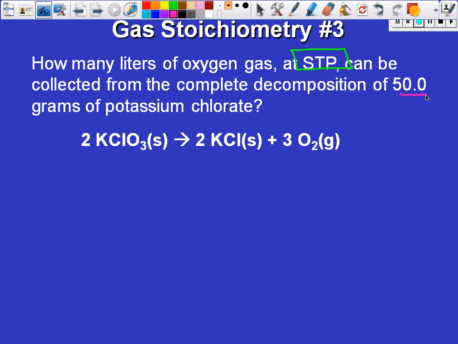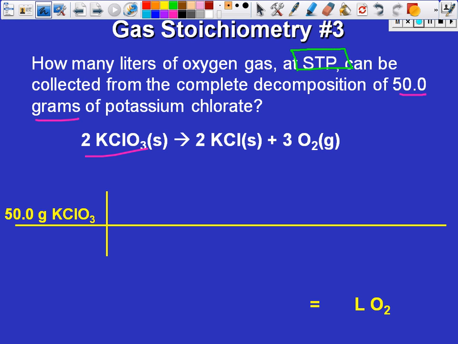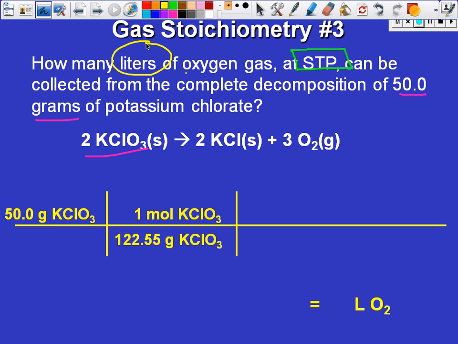Because they've given us grams of potassium chlorate, which is this thing. So let's see what we have here. We have 50 grams of potassium chlorate, and we need to know how many liters. So again, we're asking for liters of oxygen. So essentially what we're doing is going from 50 grams of this stuff to liters of that.